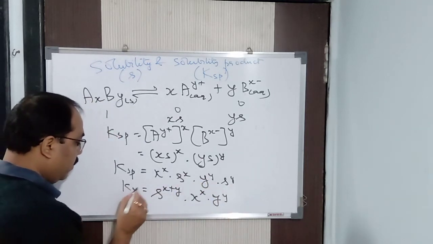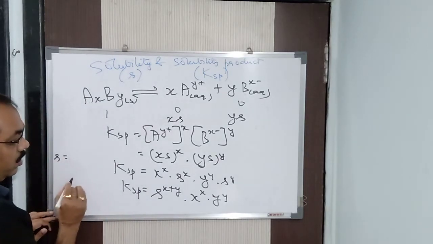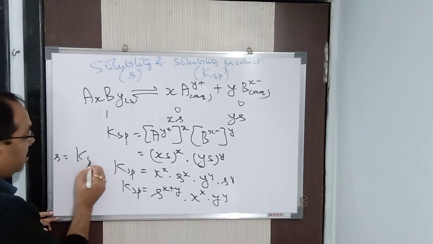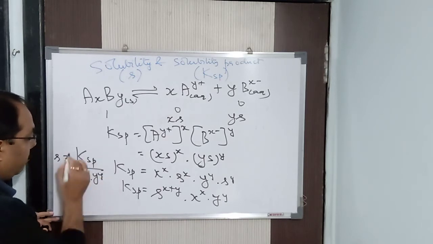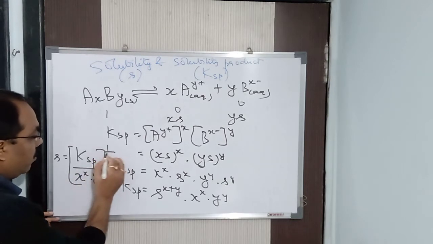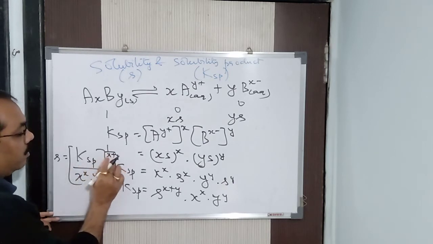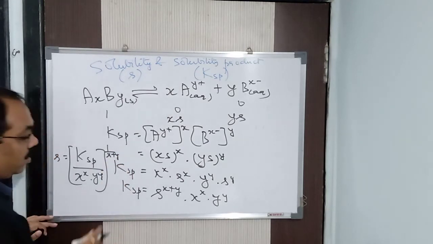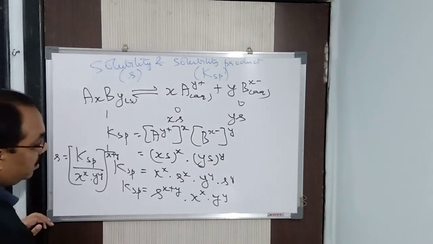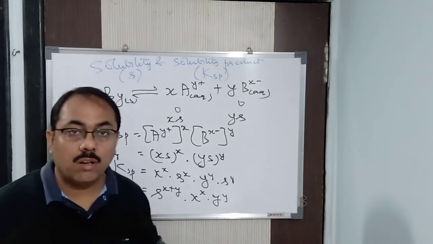So this is KSP. Now if you ask me the value of S, S is equal to KSP divided by x^x into y^y, whole to the power 1 by (x+y). Got it? So that is your S. This is the solubility for any salt in general.